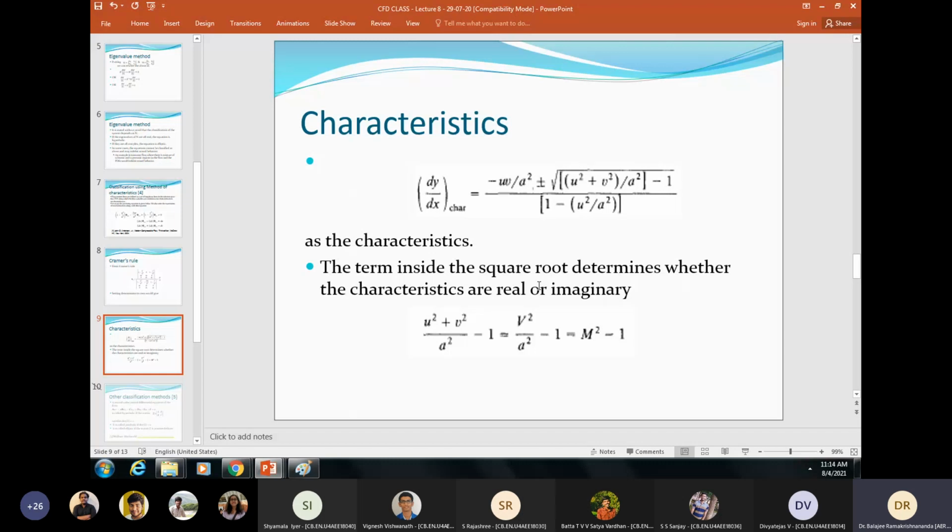When Mach number is equal to 1, only one root is there for the equation, so only one characteristic direction is there. If Mach number is more than 1, then the discriminant is positive. So plus or minus a positive number, you get two roots. So there are two characteristics. We call the equation the hyperbolic equation.